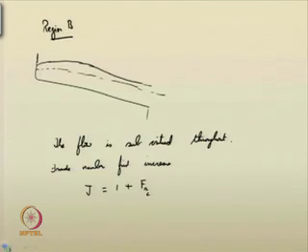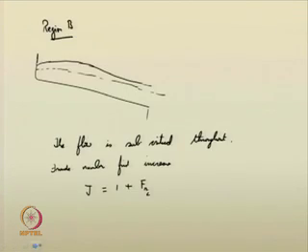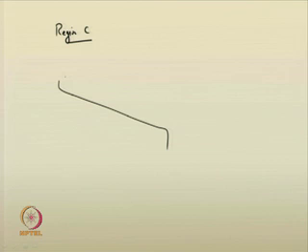Similarly, region C and region D are also defined. Region C represents in the graph the condition at which there is supercritical flow in the downstream portion and a hydraulic jump occurs in the channel.